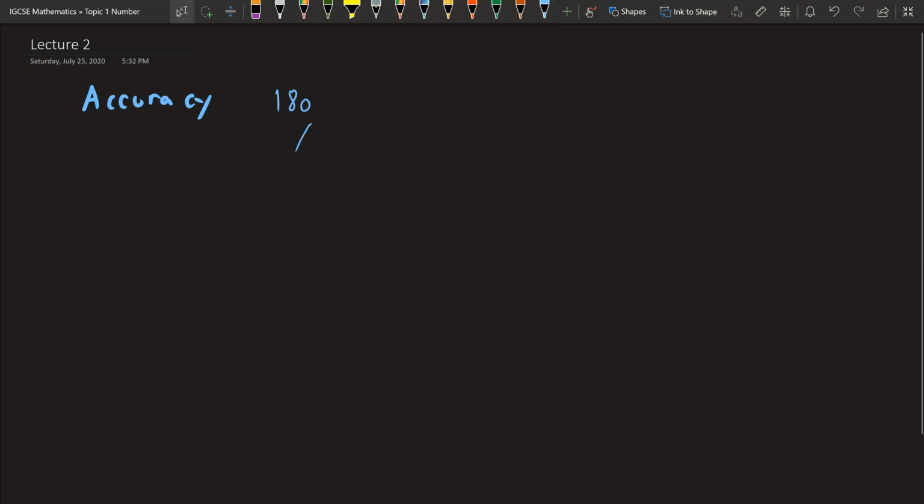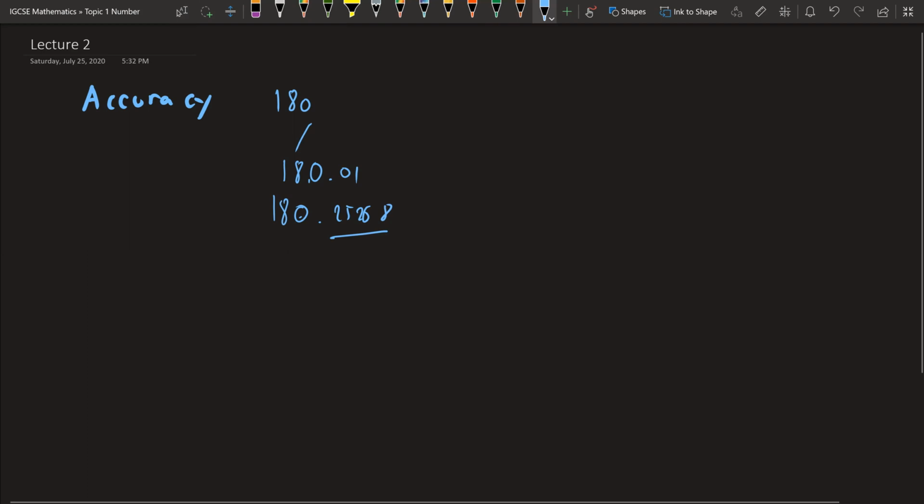It could be 180.01 or 180.25, maybe 180.2526, just more accurate. You get more values, but whether it's accurate or not, that depends.